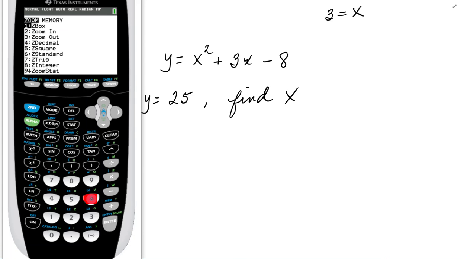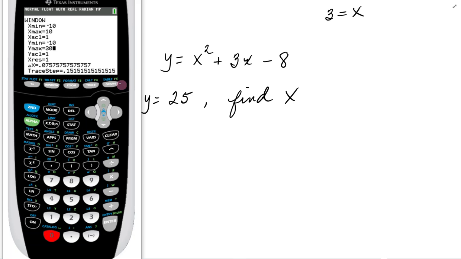If I start in a Zoom 6 window, there is the parabola, and I am not seeing my horizontal line. Why? Because y is 25. So if I go to window, again, I have to change this. Well, I don't want to change it to 25. Let me clear that. I'll change it to 30.